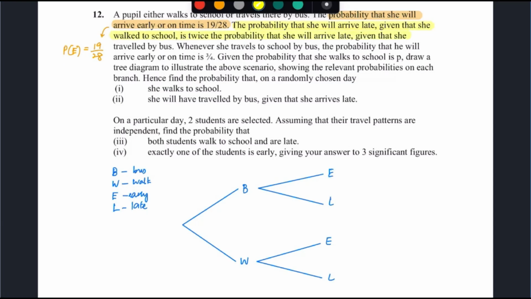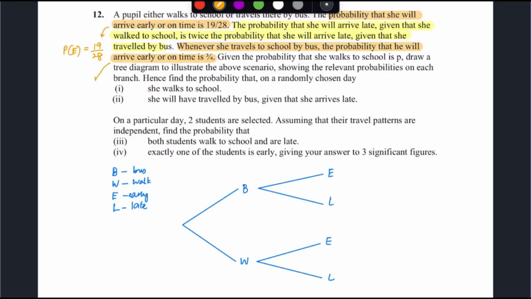Whenever she travels to school by bus, the probability that she will arrive early or on time is 3 over 4. So now we have one more sentence over here, so we have one more piece of information.